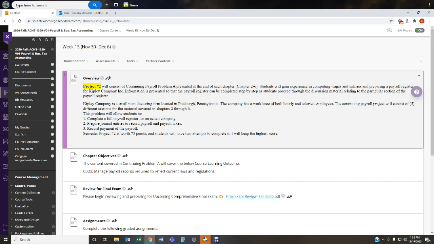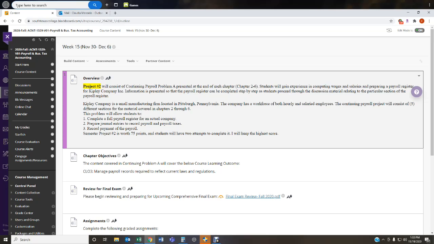calculations. So in this particular project, we are going to be gaining experience in computing wages and salaries, as well as preparing a payroll register for a company. This is a very wonderful example because it's very similar to what you would be doing if you were working in the workforce. It's a whole process of recording payroll, processing the payroll, and preparing a payroll register.